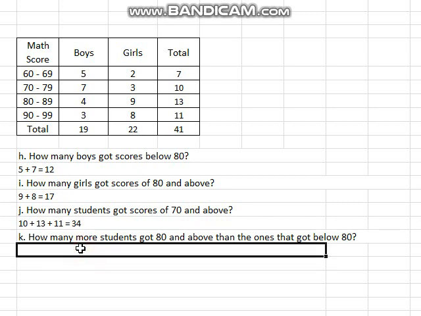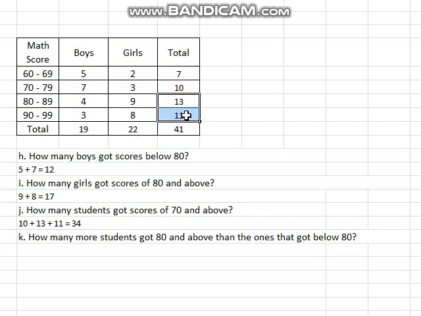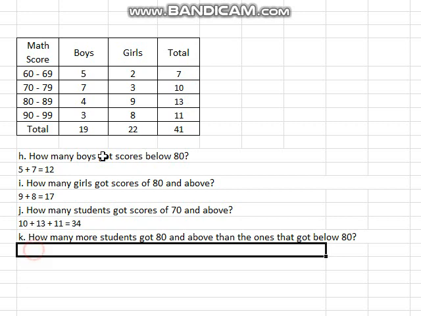And then the last one is how many more students got 80 and above than the ones that got below 80. So you see this one, 80 and above, compares with this below 80, which is 7 plus the 10. Okay, so let's do this. 13 plus 11 is the one that got 80 and above, and then minus 7 plus 10.